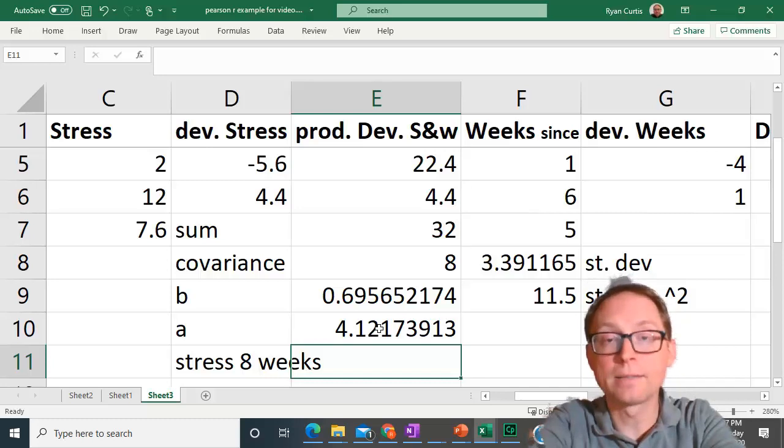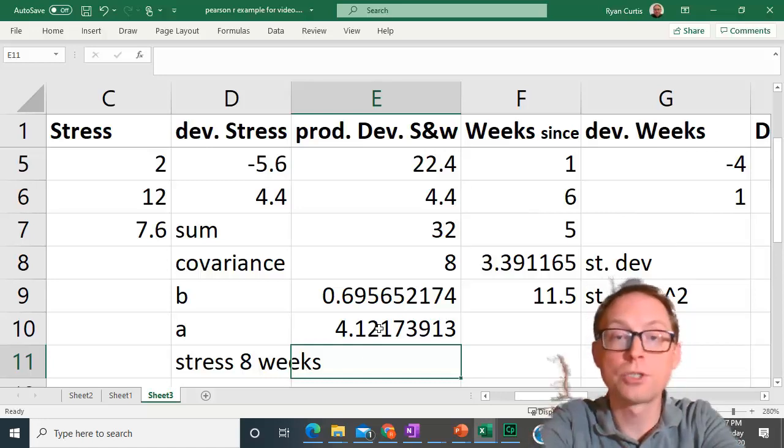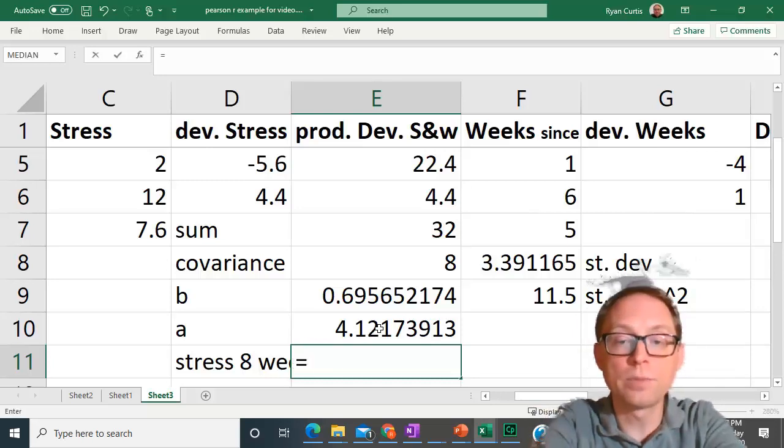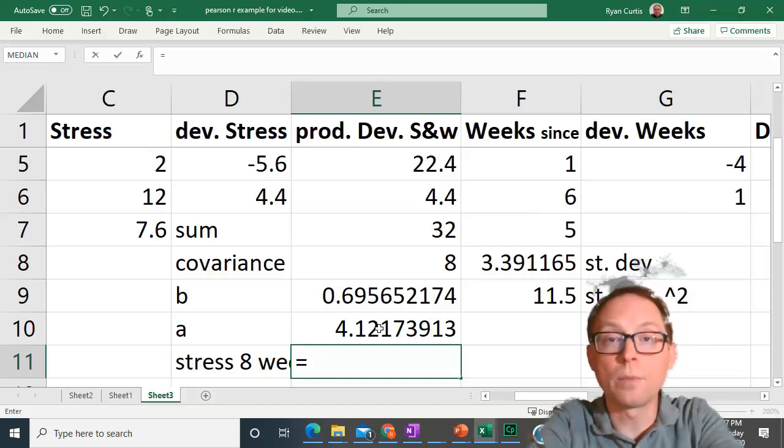Y hat is the predicted value of stress after 8 weeks without a vacation have passed. Stress is y. Weeks without vacation is x. I gave you x, 8, but we don't know y yet. We have to predict it. So this is going to be y equals bx plus a. It's the same equation of the line we've used before.